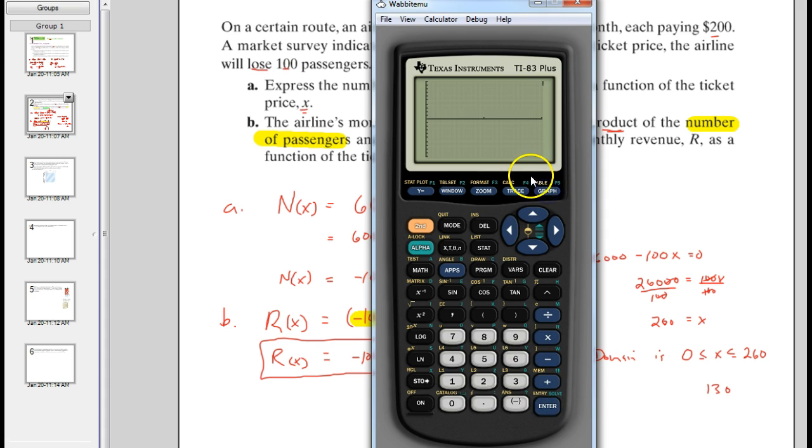Let's graph that initially just so we can see right there's the 130. Okay. Now what we want to do is press trace, type in 130, that number in the middle. There's 1,690,000. So let's make our window go from 0 to, instead of 1,690,000, let's make it 2 million.